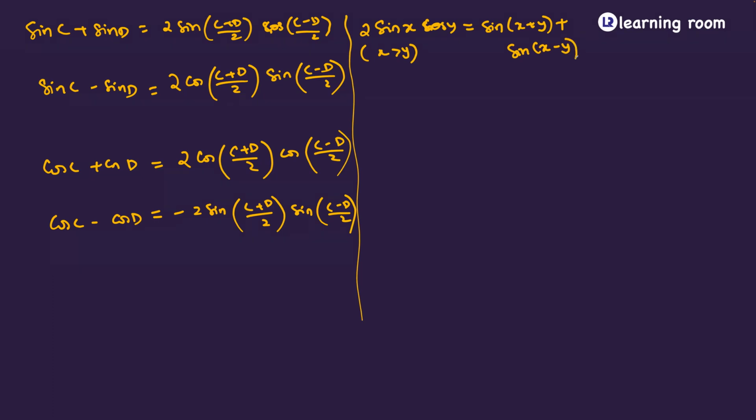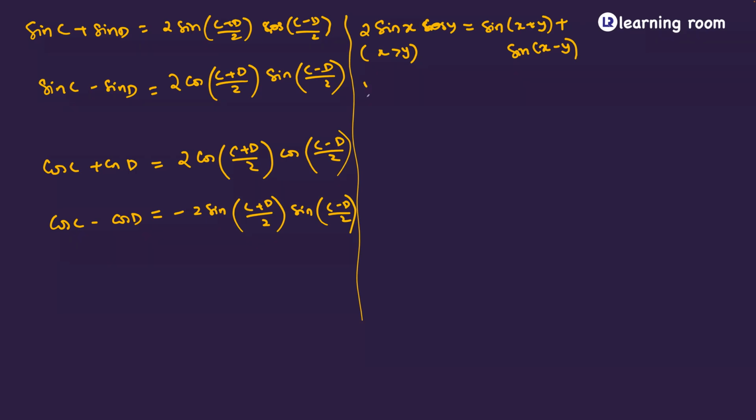So all that you need to do is add these two angles and subtract those two angles and write it as sum of sine and sine. So whenever I have sine of bigger angle into cos of smaller angle, it is always obtained by doing the operation between sine plus sine.